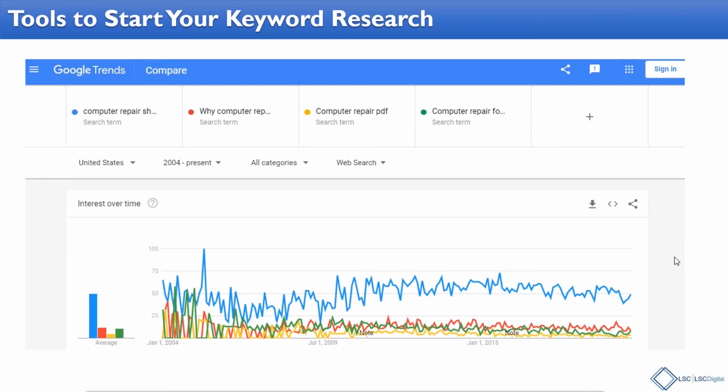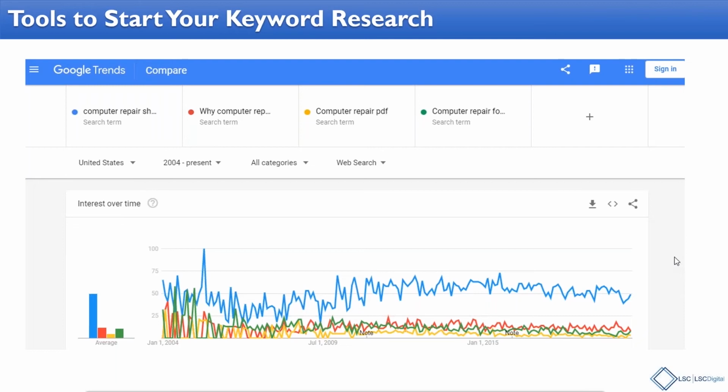It's interest over time. So you just pop in those terms real quick and see if there's some interest in any of them. And we see computer repair shop, which is the blue line, very high, very strong interest, relatively speaking to the other terms. Why computer repair? Definitely has some steady interest.